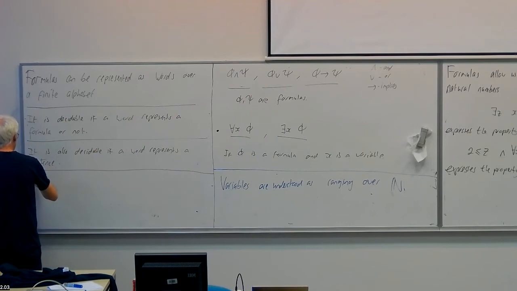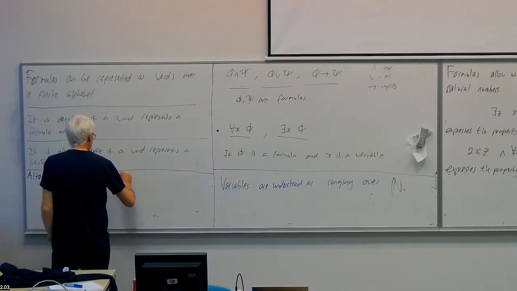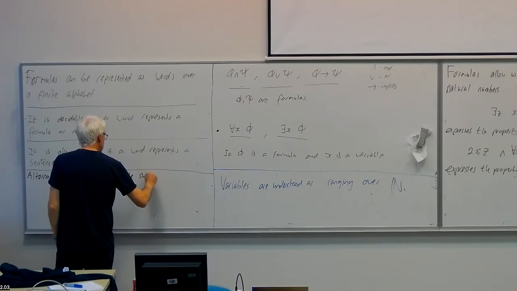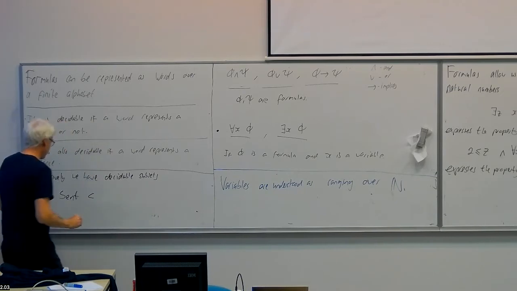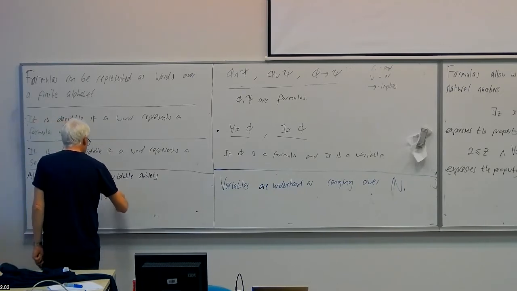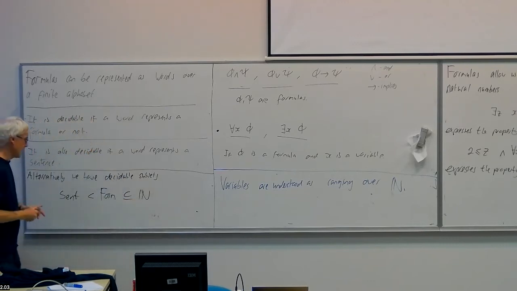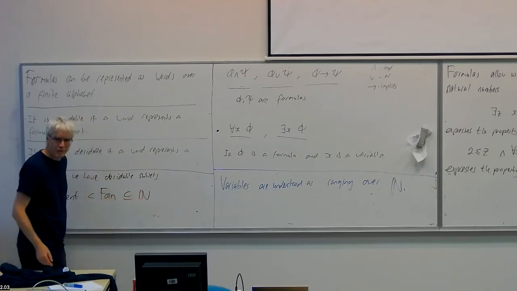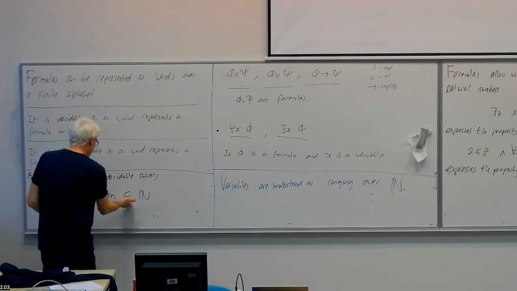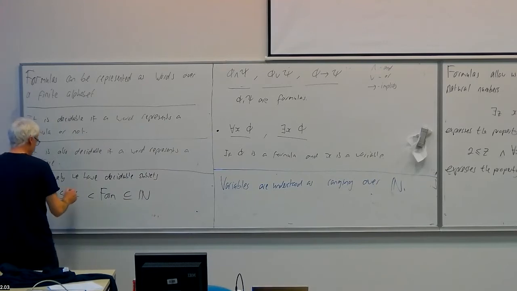Alternatively, we have decidable subsets, Sent, which is a subset of the set of formulas, which is a subset of the natural numbers. I mean, if one's really clever, one might be able to encode formulas in such a way that every natural number represents a formula. So that's why I allow this to be an equals here. Probably wouldn't be under a normal encoding.